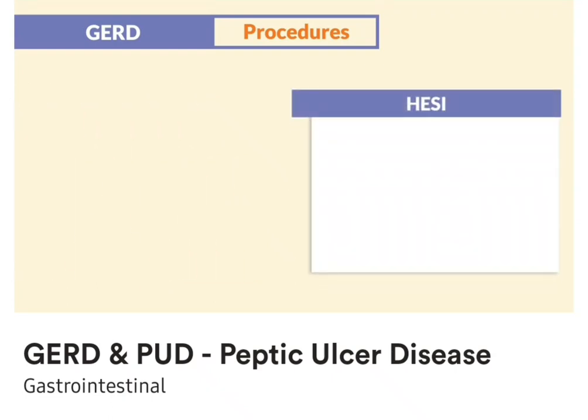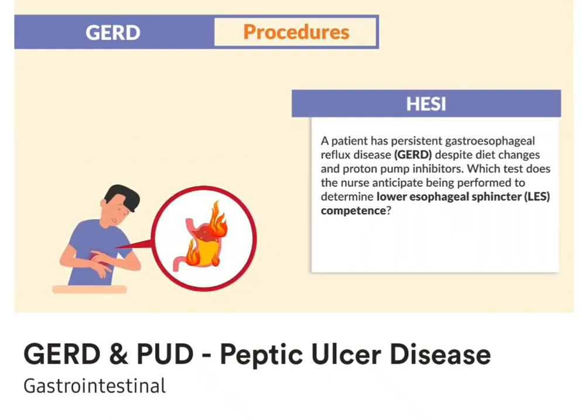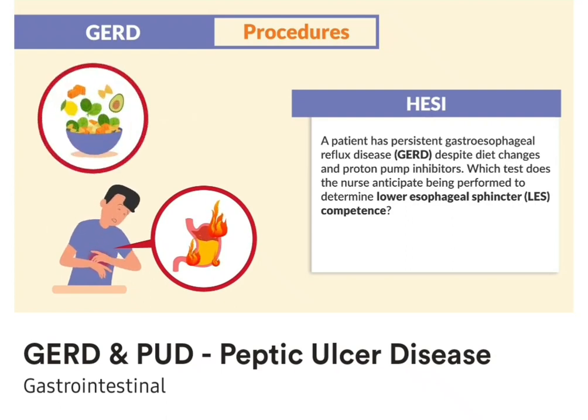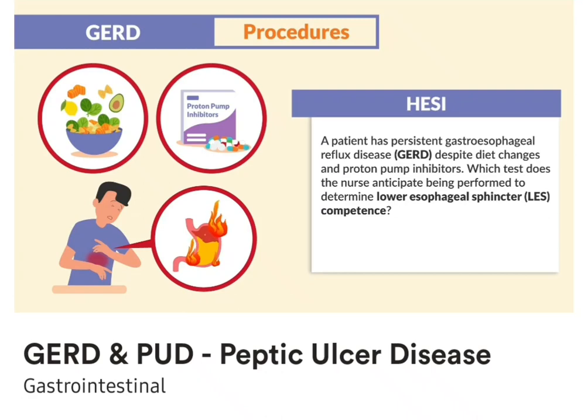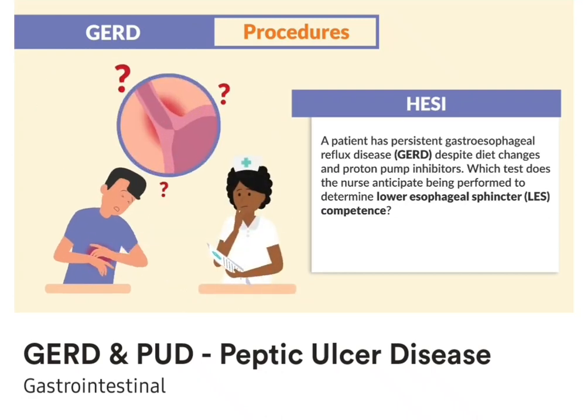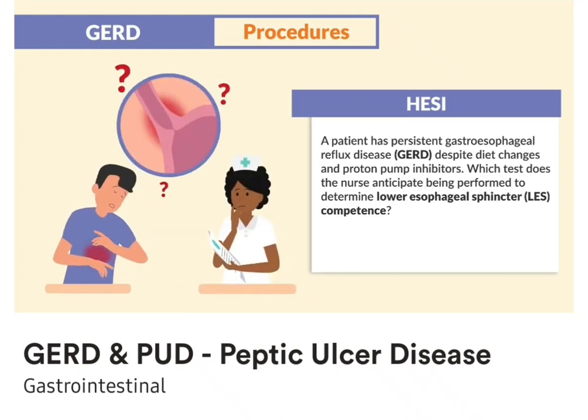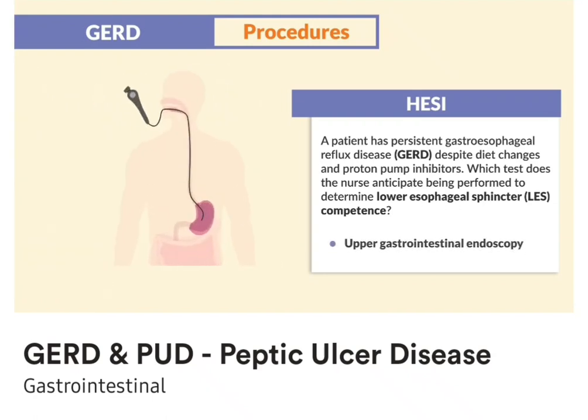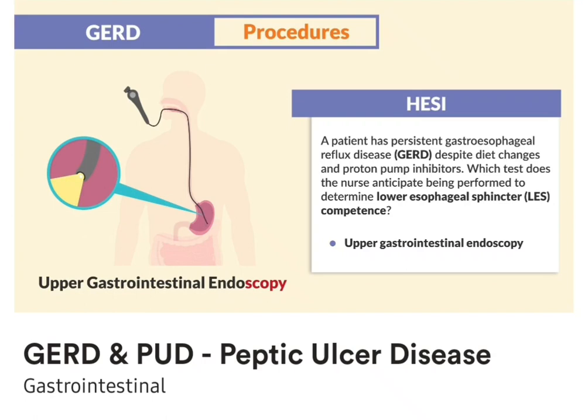Now HESI mentions a patient with persistent gastroesophageal reflux disease despite diet change and proton pump inhibitor. Which test does the nurse anticipate being performed to determine the LES competency? Upper gastrointestinal endoscopy.